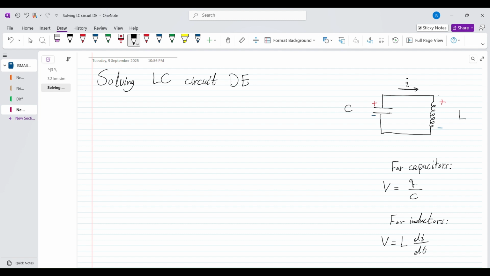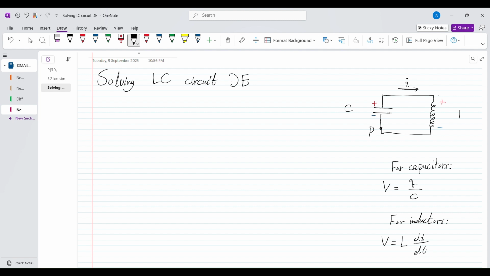So now let's form the differential equation. Let's apply the Kirchhoff loop rule. Let's start from this point and name it P. I will start from point P and go also clockwise.